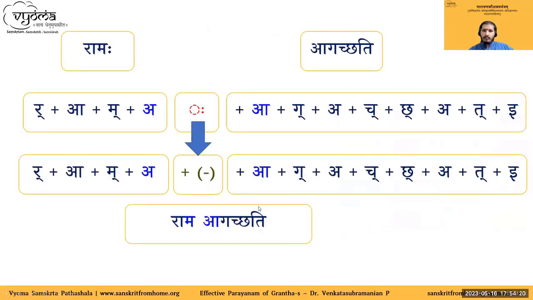Once visarga is deleted, you can't do any other sandhi, be it swara sandhi, savarna dirgha sandhi, guna sandhi, or vrajya sandhi. Kindly note this. Here we have to stop at Rama agacchati only.